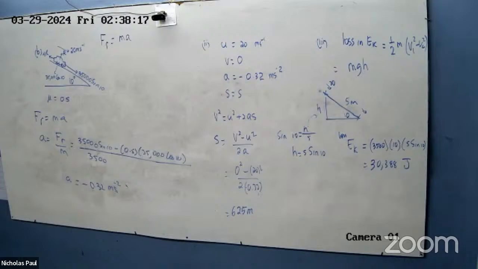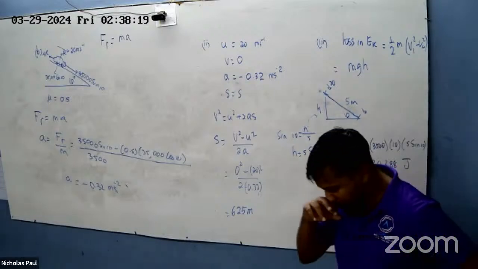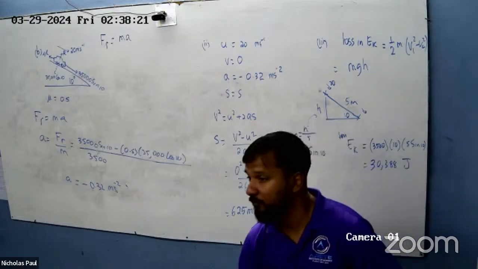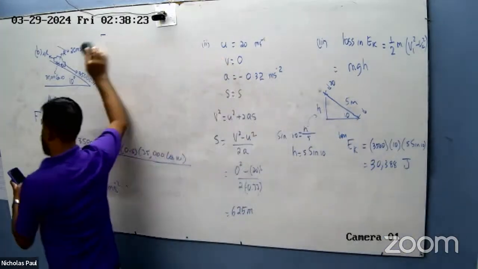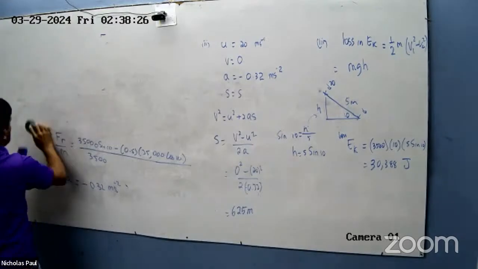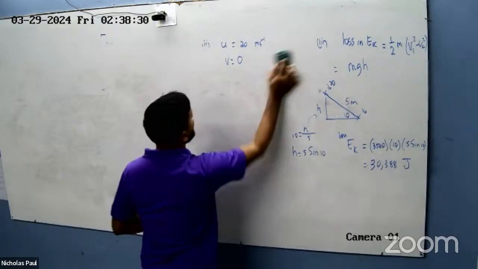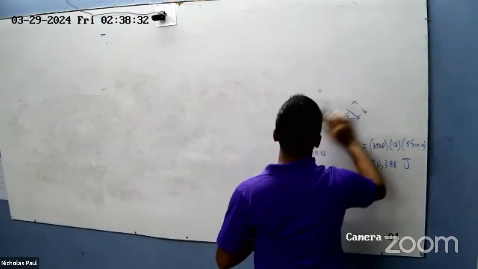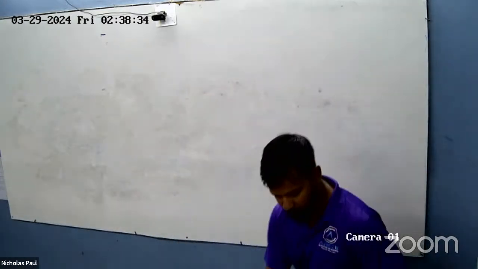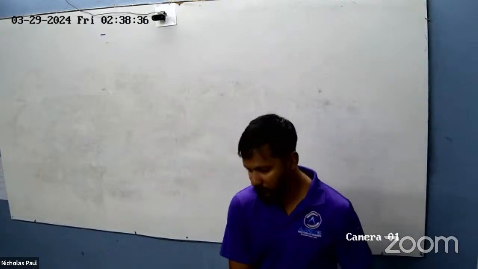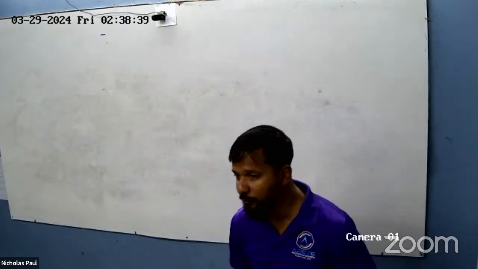I think I put that right here. Are you done? Right, let's correct this one. What type of question is it? Right, projectile. So you didn't do it here?